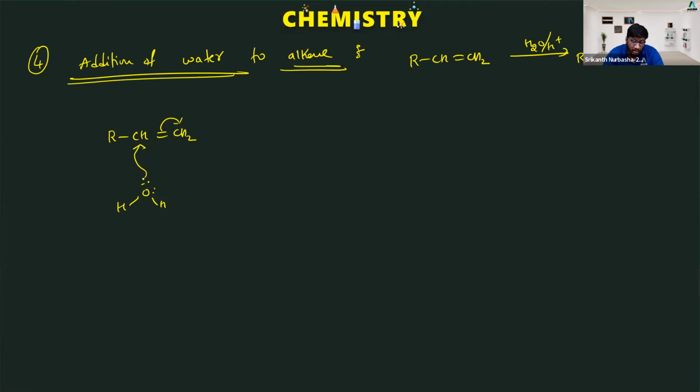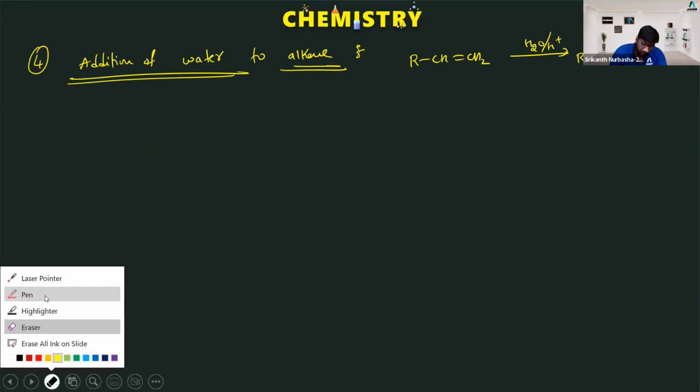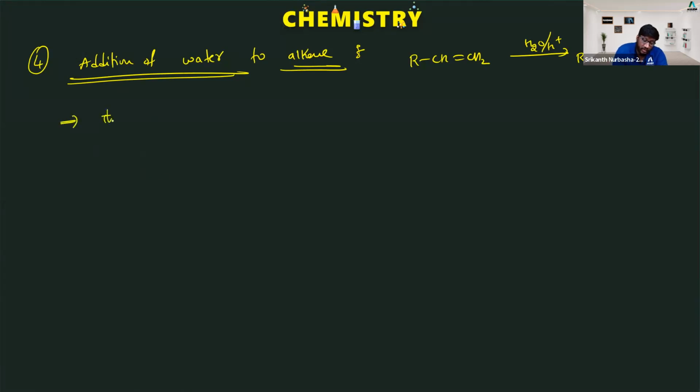So to increase the rate of this reaction, we need some acidic medium. The acidic medium will help to increase the electrophilicity of the carbon. So what happens in reality is the requirement of acidic medium.